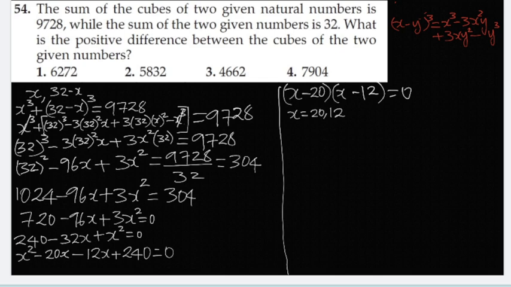So now we have to find the difference between their cubes. That is 20 cube minus 12 cube. 20 cube is 8,000. And 12 cube is 1,728.